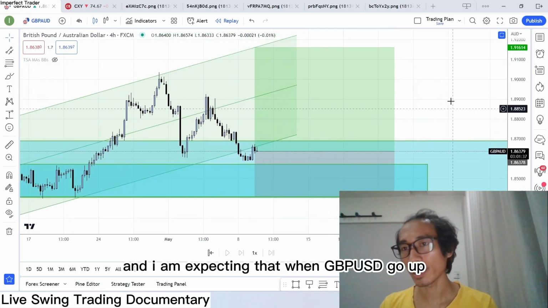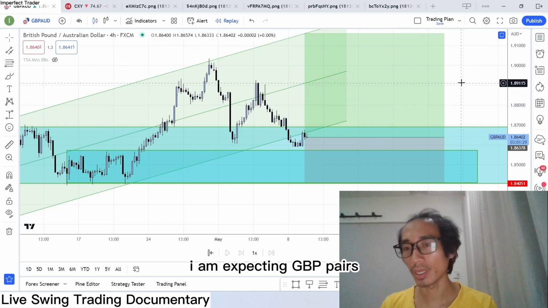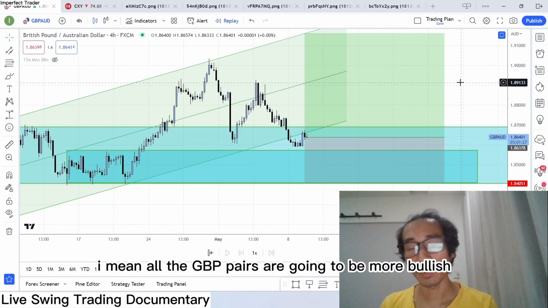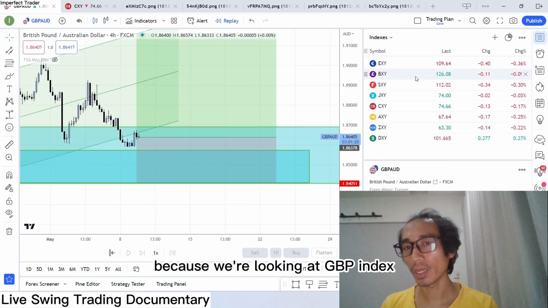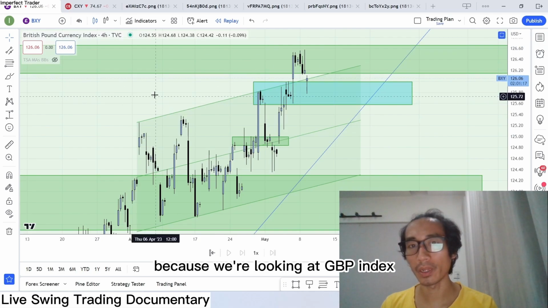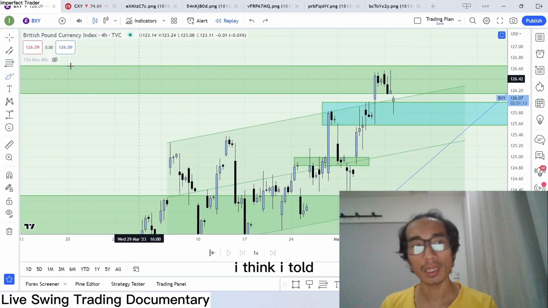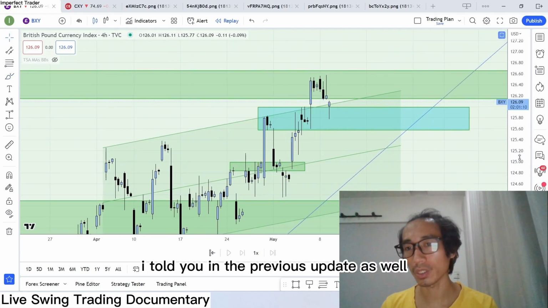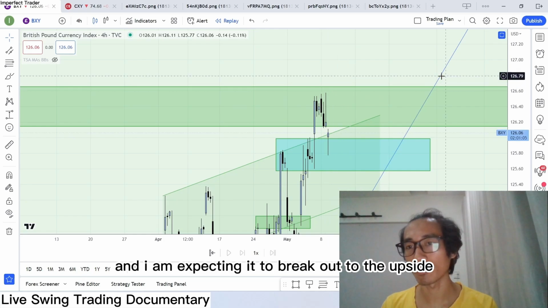And I'm expecting that when GU goes up, all the GBP pairs are going to be more bullish because we're looking at the British pound index. It actually retraced right into the zone that I drew right here. I think I told you in a previous update as well, and I am expecting it to break out to the upside.